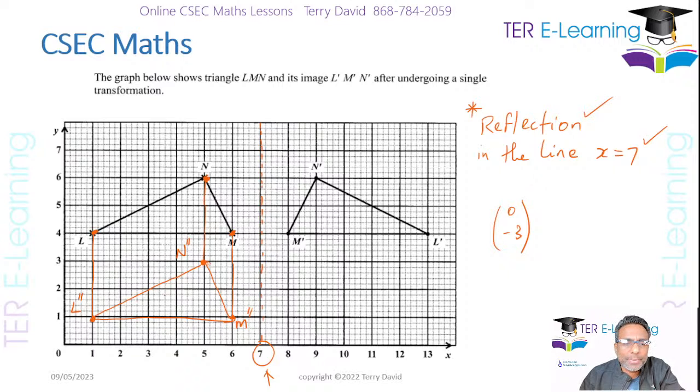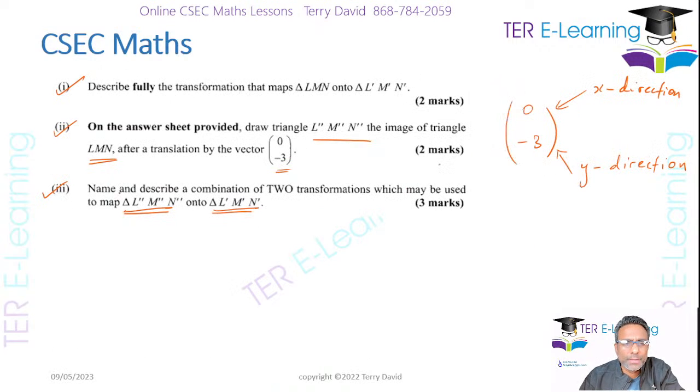So you want to map this triangle here onto this triangle here. And they're telling me to undergo 2 transformations. They said name and describe 2 transformations which may be used to map.